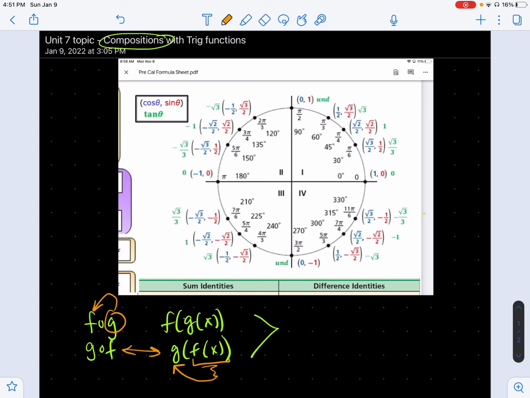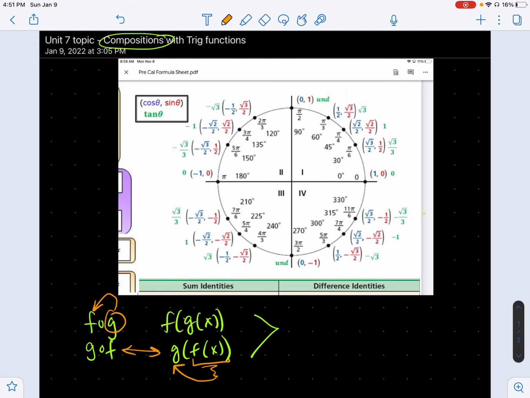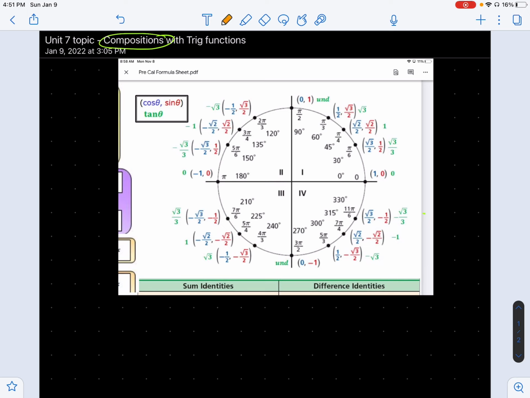Before I begin with this, let me remind you of something important, which were our restrictions with sine, cosine, and tangent inverses. Sine restrictions were quadrant 1 and 4 only. Restrictions with cosine, because of the inverses, are first and second quadrant. Restrictions with tangent are the same as sine, which is first and fourth quadrant.